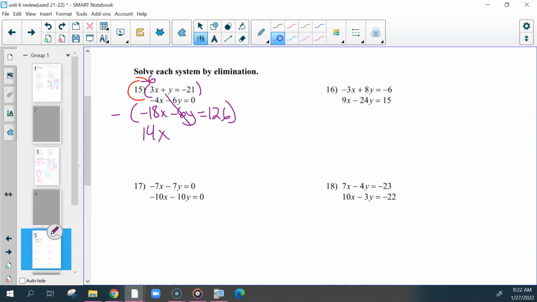And 0 minus 126 would give us a -126. Divide that and tell me what x is. It's -9. What does the 126 become? Negative, because we're subtracting. Oh, yeah, on top. So was the 126 positive? It was, but we're subtracting 0 minus 126.